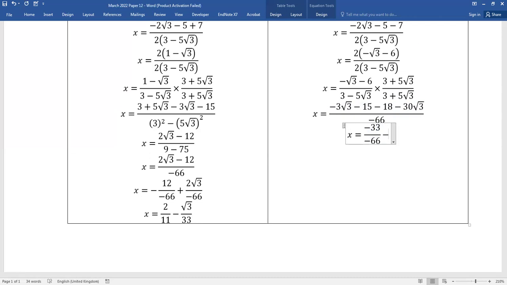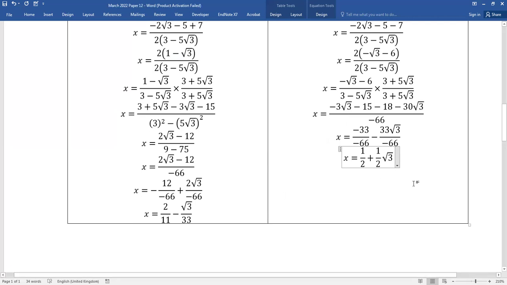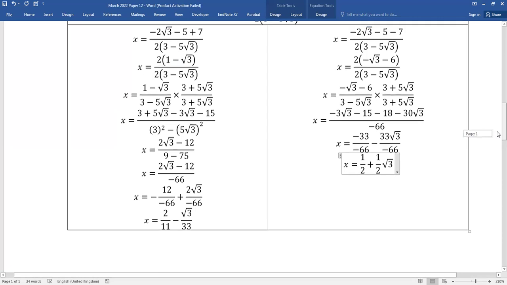And here I get minus 33 root 3 over minus 66. So x is 1 over 2, half plus half root 3. This is what we should end up with. Is this clear?